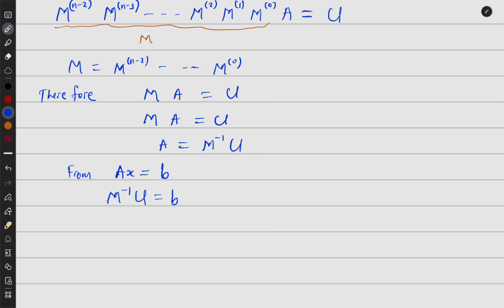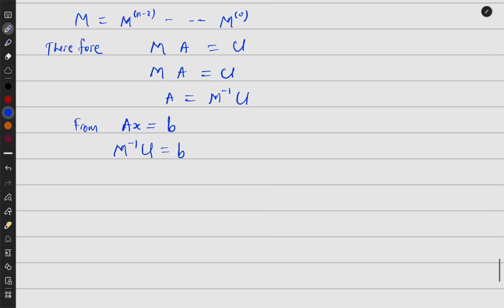Because our A is M inverse U, M inverse U X equals to B, but here is the X. So this is M inverse U equals to B.